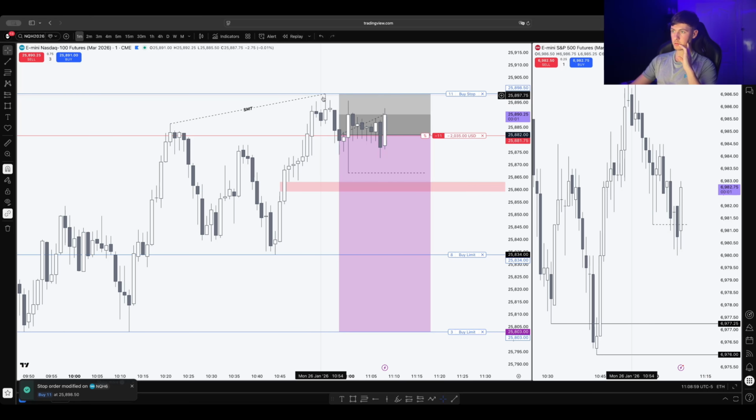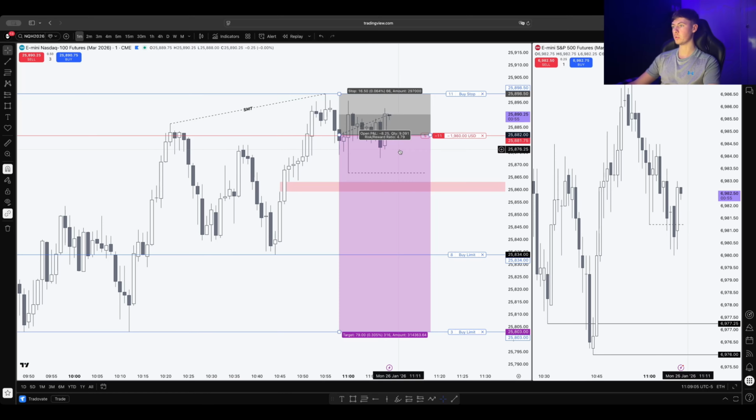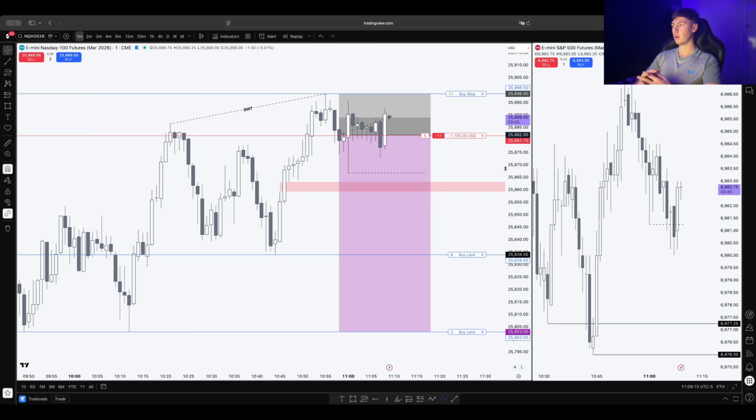So the reason I moved stops back to external range is because it looks like NQ is coming for a seek and destroy, because we're holding the SMT at the lows, which allows NQ to move above the swing high. Obviously, I'm willing to risk the extra 0.20 than get stopped out and then see it run without us.